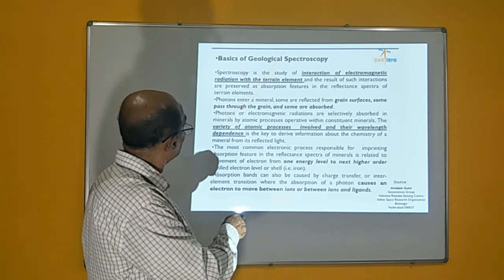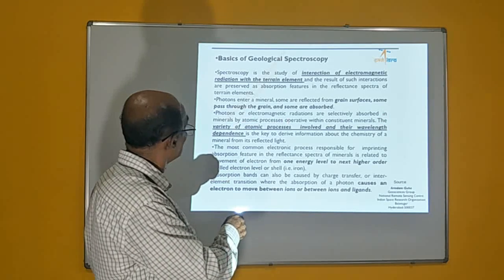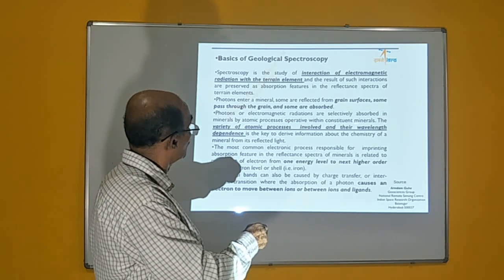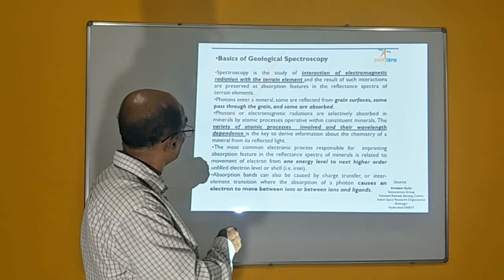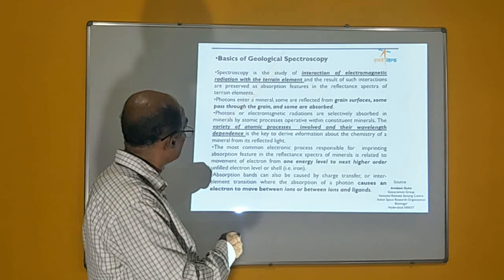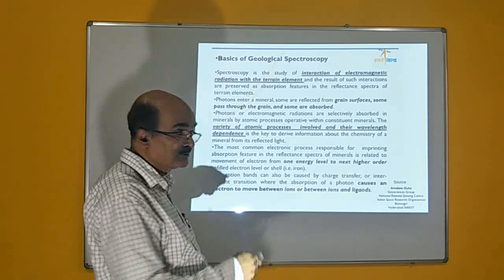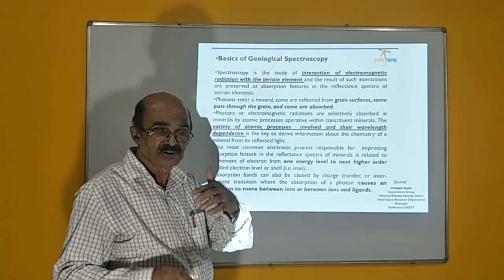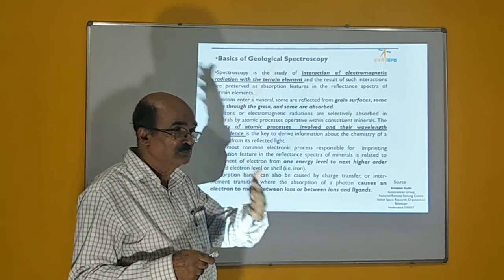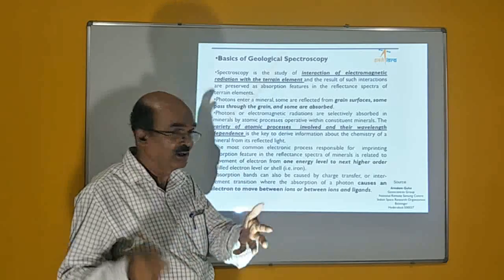See, photons or electromagnetic radiations are selectively absorbed in minerals by atomic processes operative within constituent minerals. The variety of atomic processes involved and their wavelength dependence is the key to deriving information about the chemistry of a mineral from its reflected light. Yes, here we are deriving the composition, the chemistry of a particular mineral based on its reflectance, how it behaves.